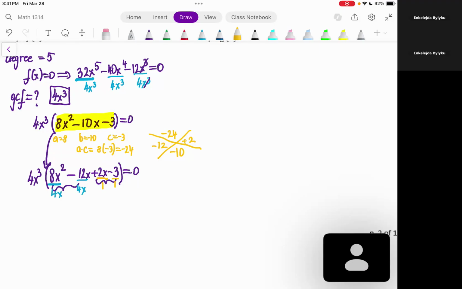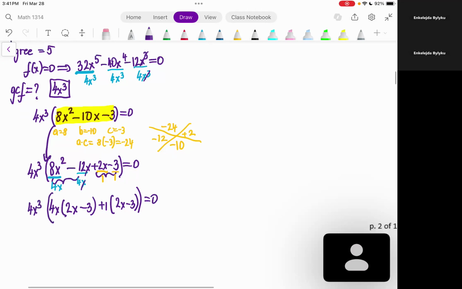All right, let's finish the factoring. 4x, 8 divided by 4 is 2, 1 x left, minus 12 divided by 4 is 3. The x does cancel out. Plus 1. Do not forget to put the 1. It's very important you do so.